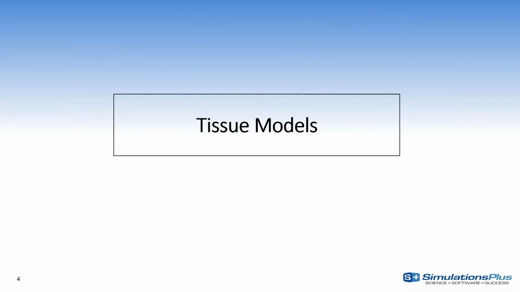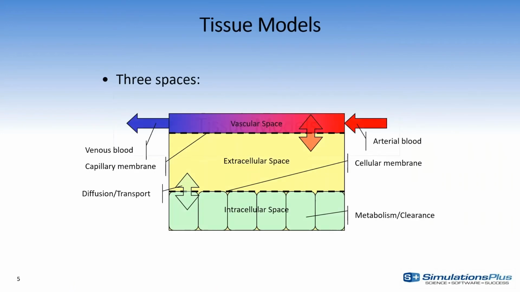Okay, next we're going to talk about the tissue models we have in GastroPlus. Here is a schematic view of a tissue in reality. You have three spaces in the tissues: the vascular space, the extracellular space, and the intracellular space.